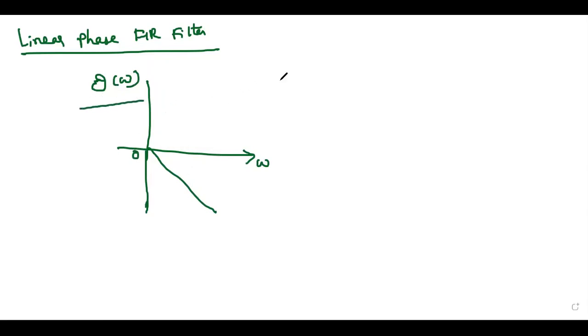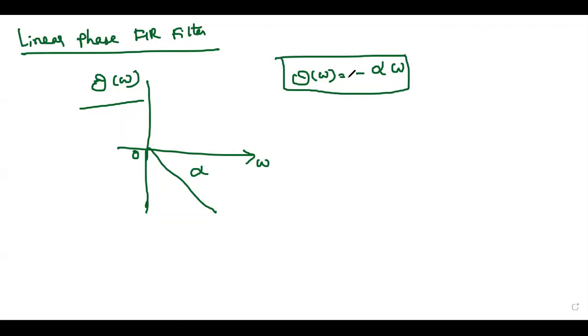Mathematically, theta of omega is equal to the slope into omega. Suppose the slope is negative, minus alpha, so theta of omega equals minus alpha omega. This kind of relation is called a linear relation. Any filter which follows this linear phase relation is called a linear phase filter.